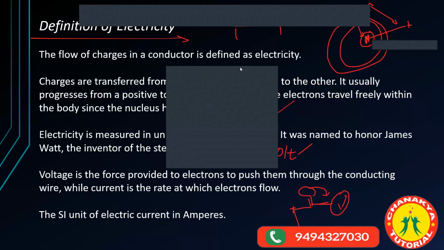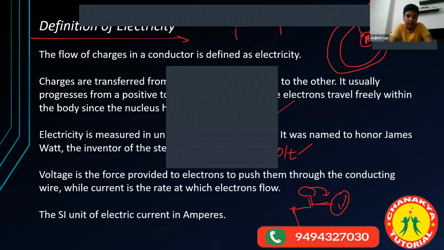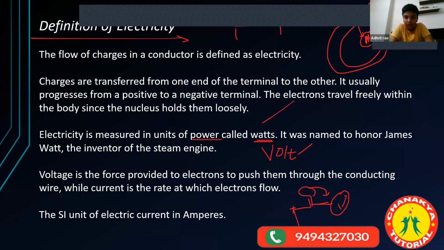Adrit Rao, can you tell me? Your voice is breaking a little. I was asking you, what is the exact meaning of the line: a car is traveling at a speed of 20 kilometers per hour? A car is traveling 20 kilometers in 1 hour. Exactly, correct.